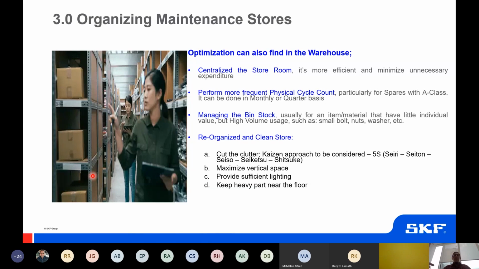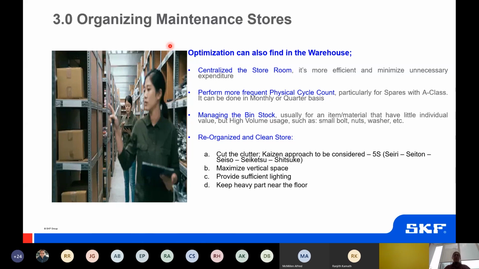The third one. The first is to identify your most valuable items, that means item category A. The second is to identify the economic order quantity for that particular spare part, category A. Then organizing your maintenance store can also be done in a quick time during this pandemic, as one of the improvements that your organization can do.